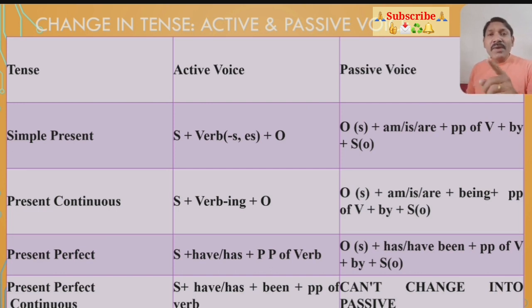Students, if you remember these structures of active voice and passive voice and the change in tenses into passive voice, when we change active voice into passive voice or passive voice into active voice, it is very easy to transform the sentences, vice versa.